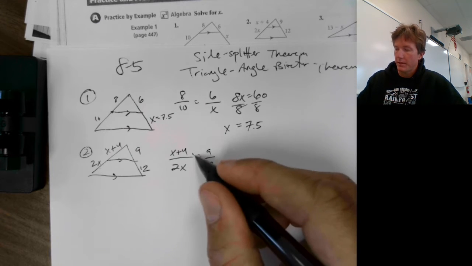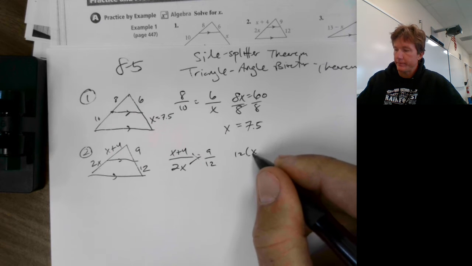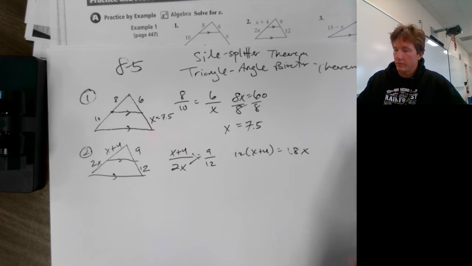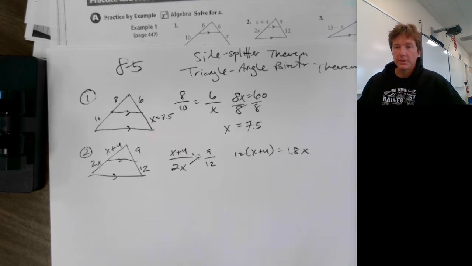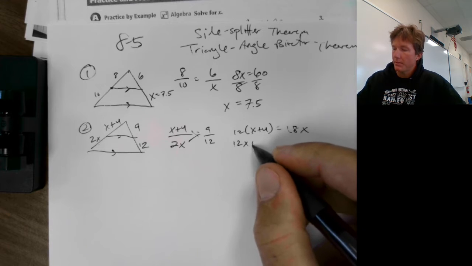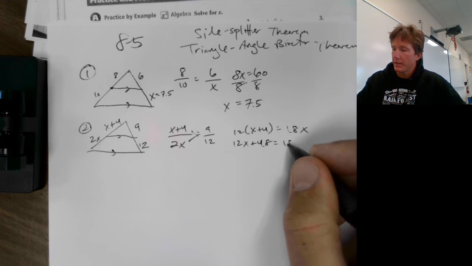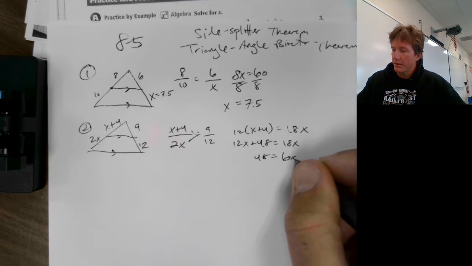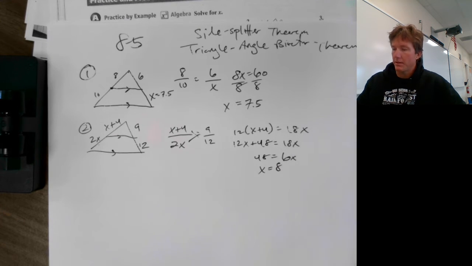And then to solve for x, I'll cross multiply these. That's 9 times 2. Distribute, I have 12x plus 48 equals 18x. Subtract the 12x, 48 equals 6x, x equals 8.